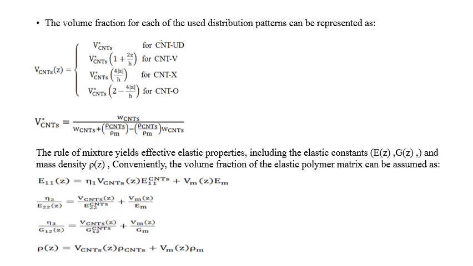To analyze the behavior of this structure, we use the volume fraction for each of the used distribution patterns, expressed as, and the volume fraction of the elastic polymer matrix can be expressed as.